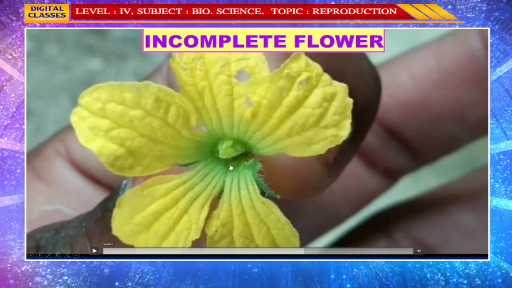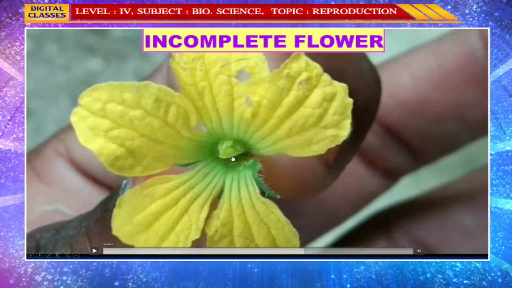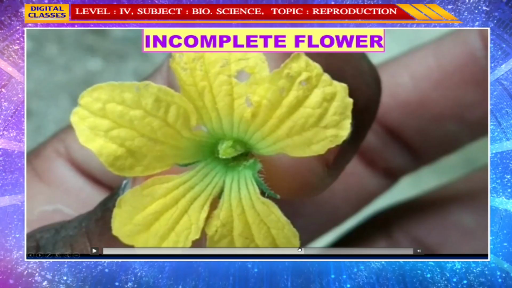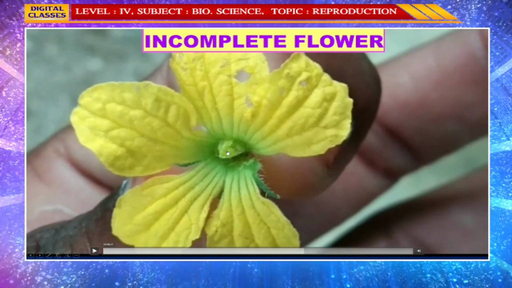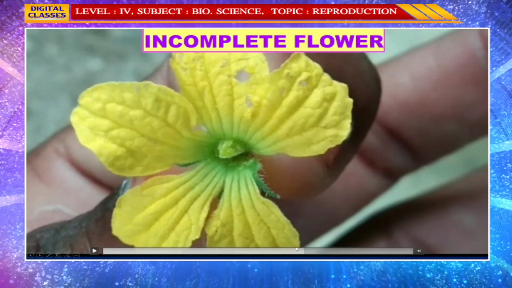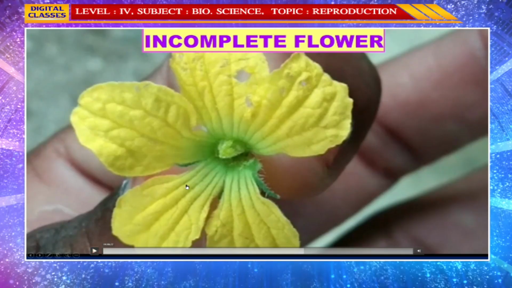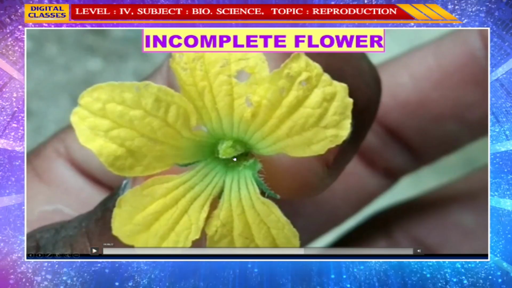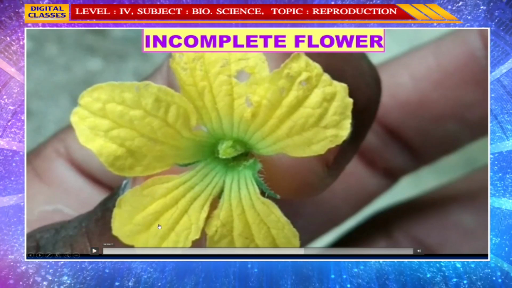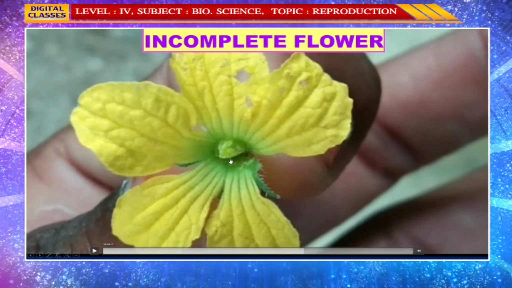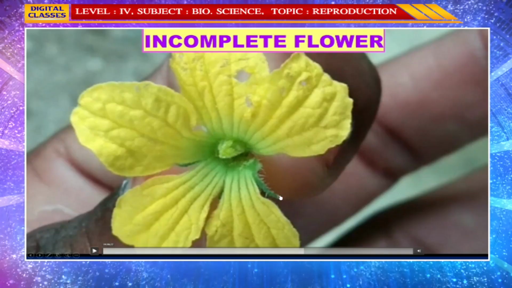If you see this flower, it has stamens and no pistil. Look at this picture. So, these are all the examples of incomplete flowers. That means, out of four whorls of the flower, some parts are missing. If any one of the parts is missing, then it is called as incomplete flower.